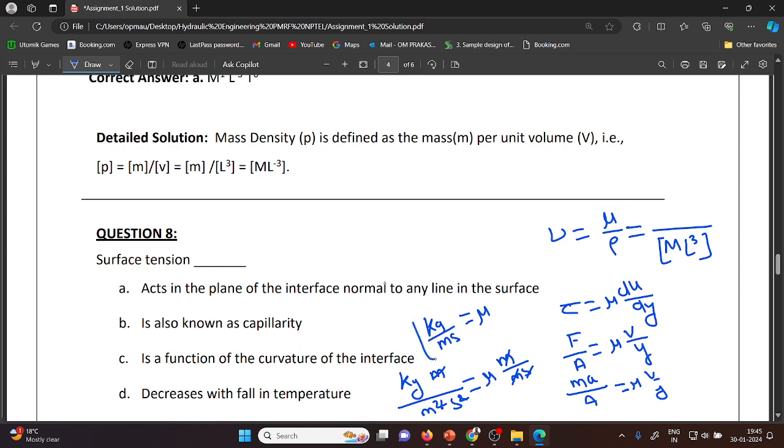So in terms of dimensions, what will you write here? M L minus 1 T minus 1, right?